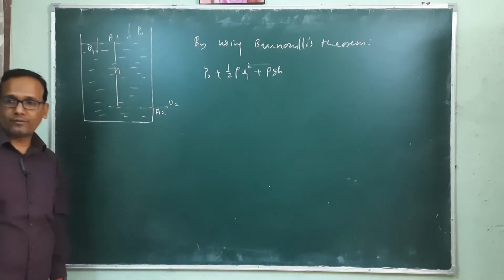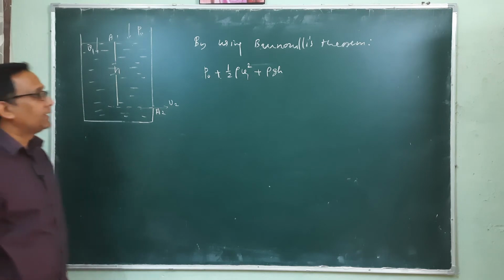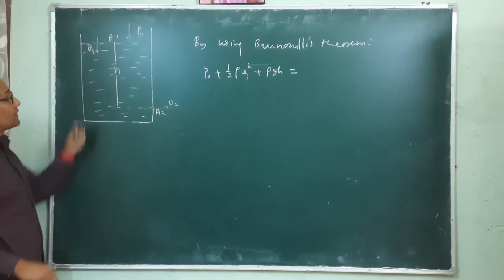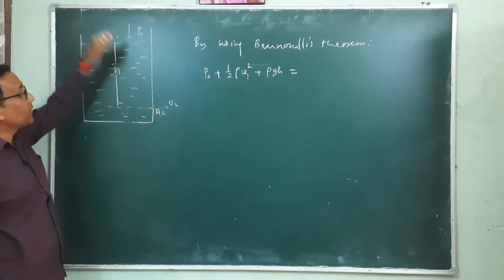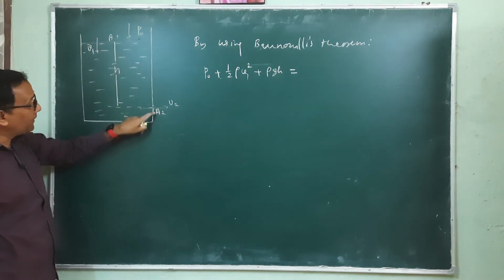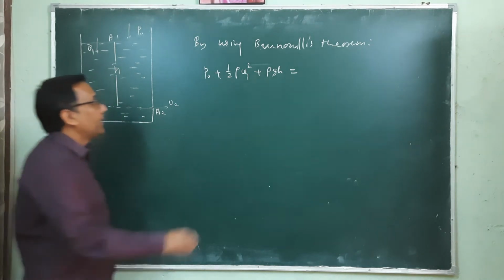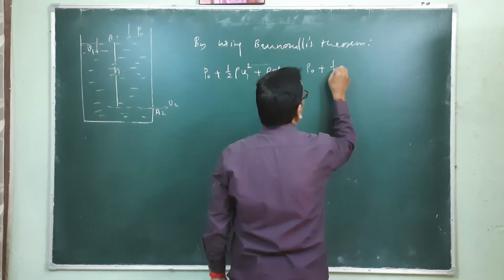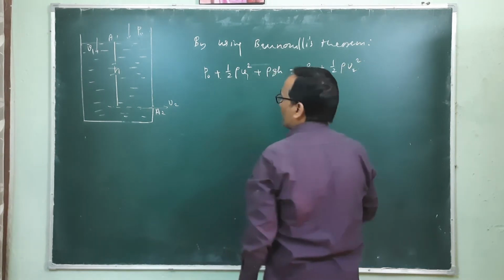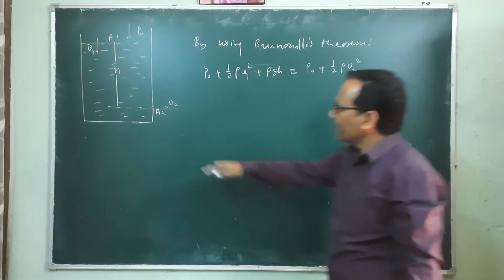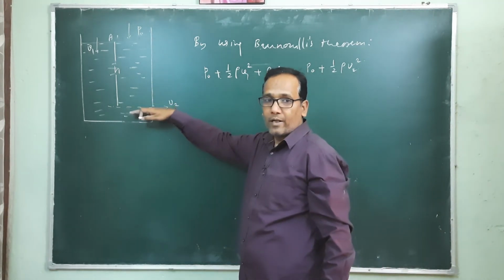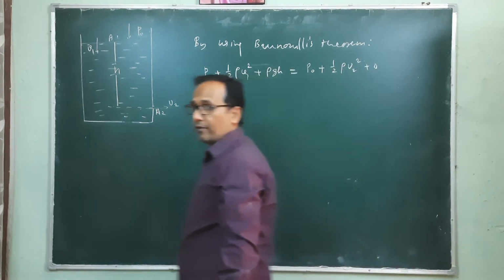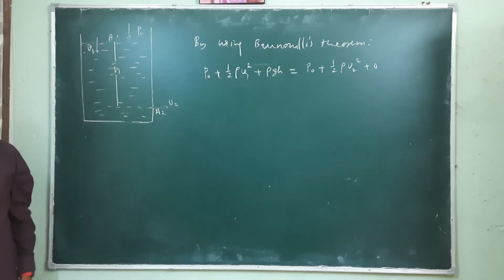This is equivalent to the second end, where it is open, so the pressure P naught is identical in both cases. Again the pressure energy is P naught plus the kinetic energy, half rho V2 square. We are taking this as a reference point, avoiding the level below this, so there will be no potential energy on the liquid at this level.